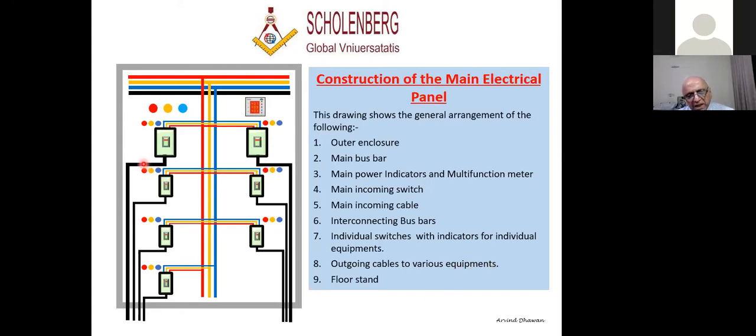This is normally coming underground, in most cases from your transformer room, and it will enter from the bottom. It's very easy to enter from the bottom because the cable is already underground. So this is the panel. It will be standing on the floor, so you'll have a floor stand. There is the floor stand. This is what your main panel looks like, and this is how the power is distributed to various equipment inside the plant room.